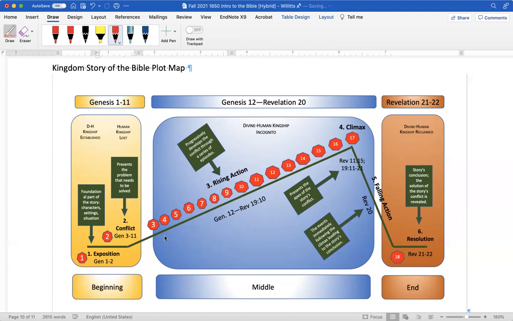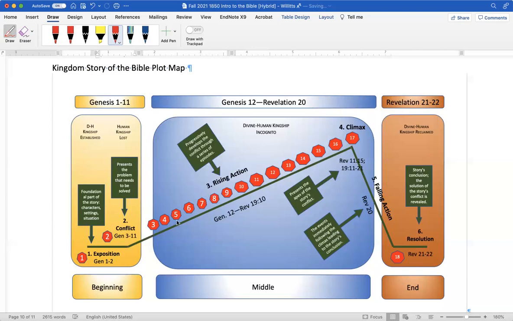We can map the story of the Bible out through this plot. And representative of the episodes are these red numbers. Exposition of the plot takes place in Genesis 1 and 2. Conflict is presented in Genesis 3 through 11.